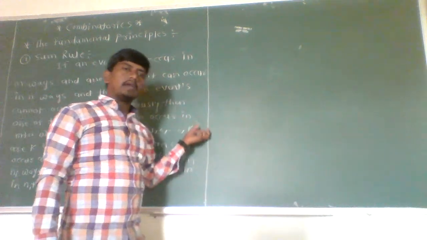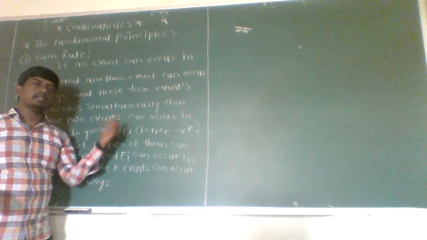We have first seen this for only two events. If there are more than two events, that is ei where i runs from 1 to k, then the total number of events is k, and these k events are such that no two of them, whether e1 and e2 or e1 and e3, can occur at the same time, and each ei can occur in ni ways.